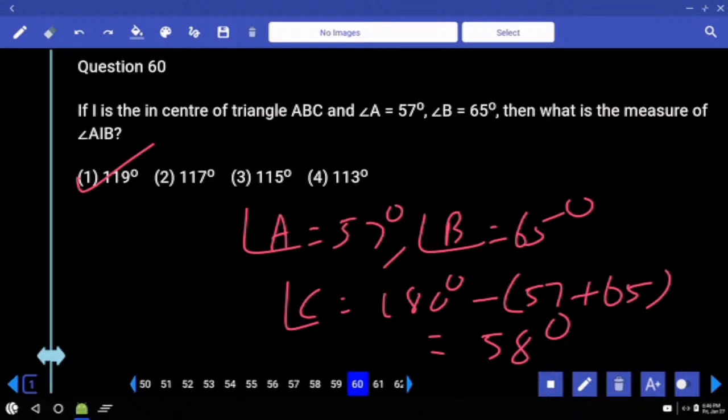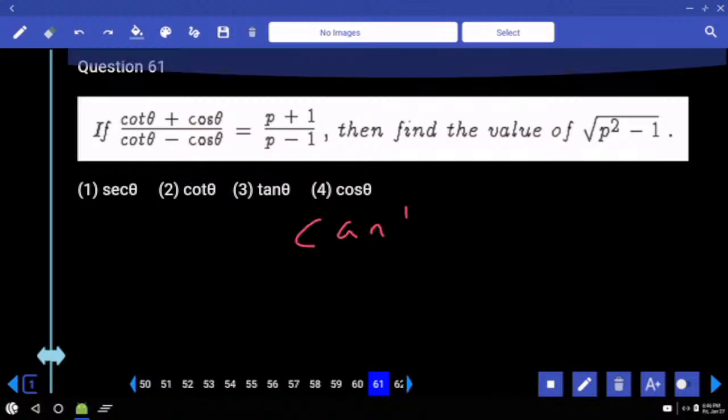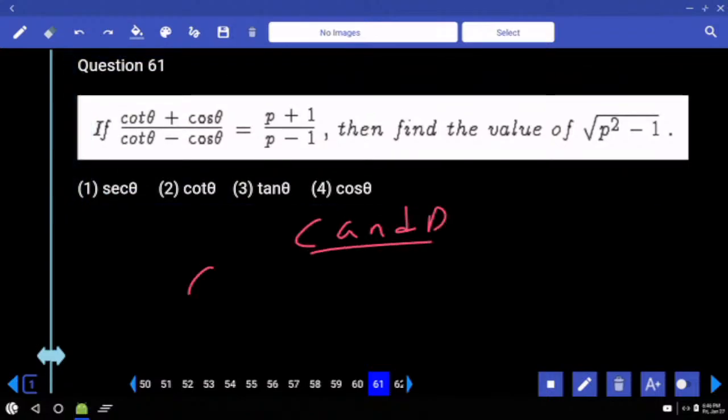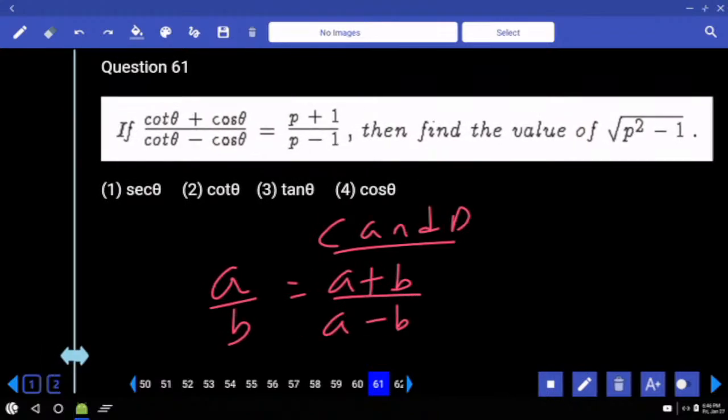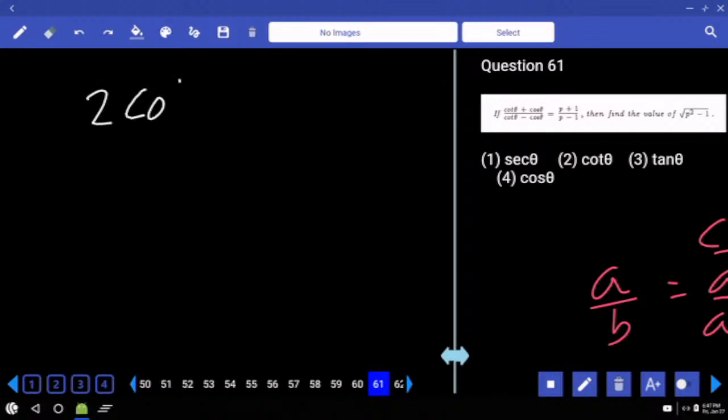Okay, right. 61. Whenever you see this kind of question, what you should do is componendo and dividendo. Componendo and dividendo means: A by B becomes A plus B by A minus B. If you perform it on this, cosec theta plus cos theta minus cos theta, you get 2 cot theta, and in the denominator 2 cos theta.